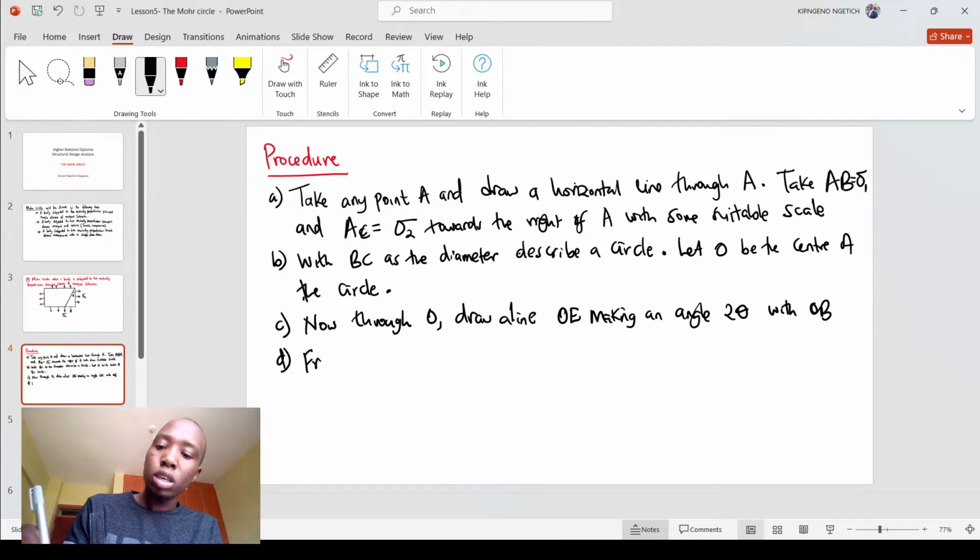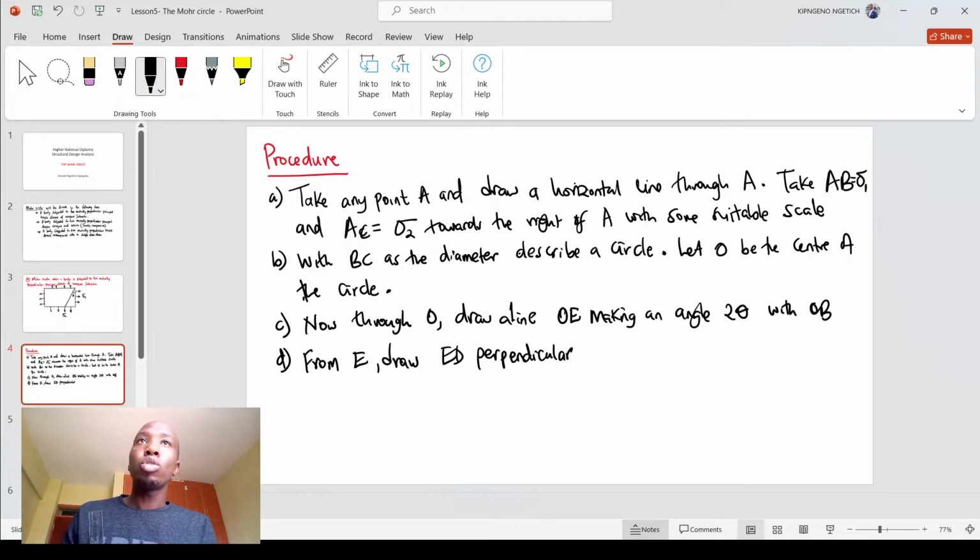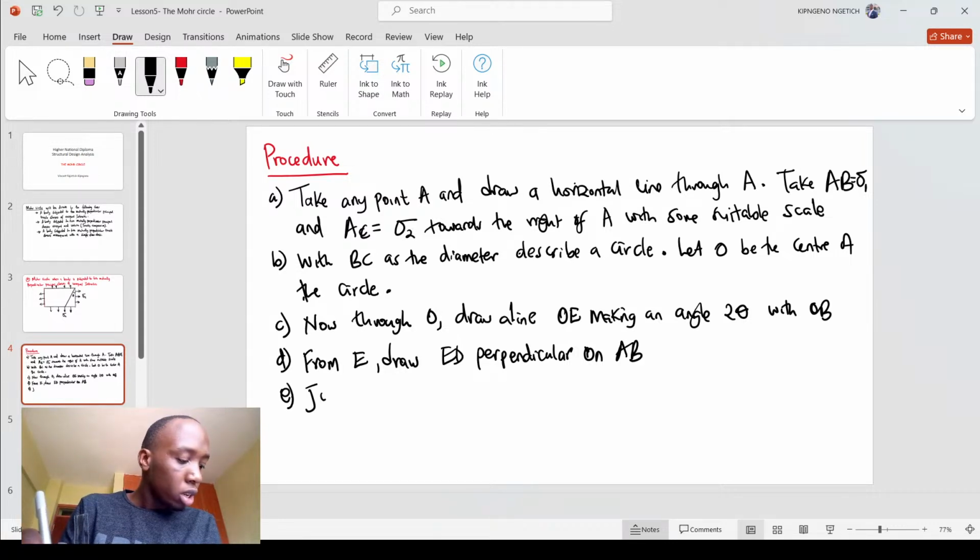From E, draw ED perpendicular on AB. The fifth procedure is join AE.